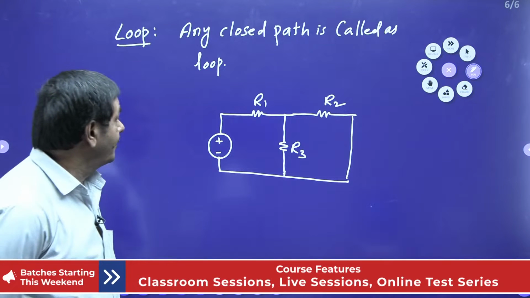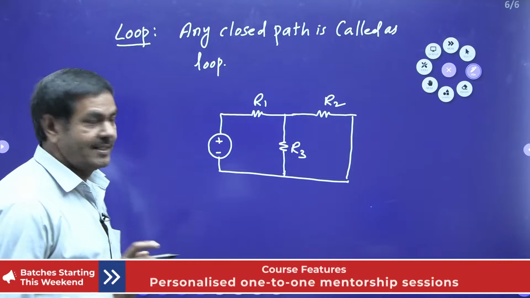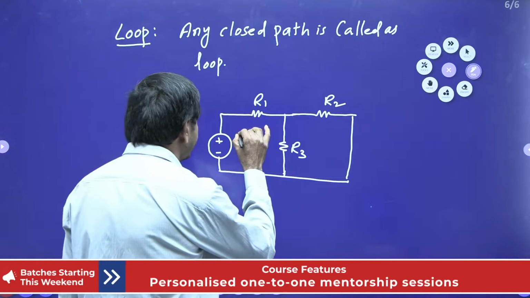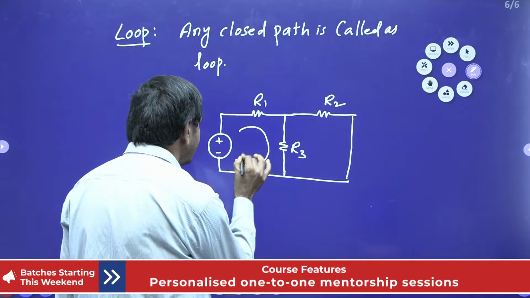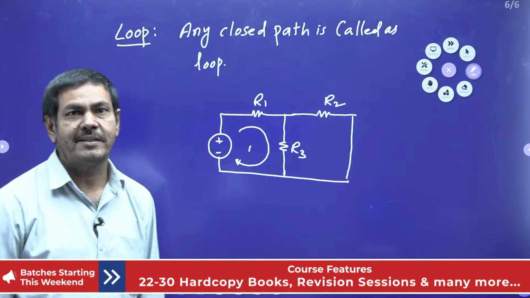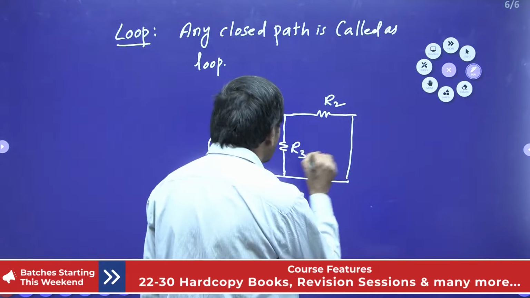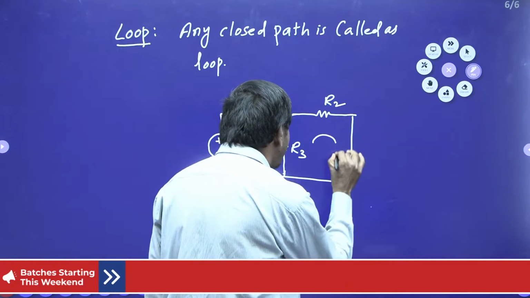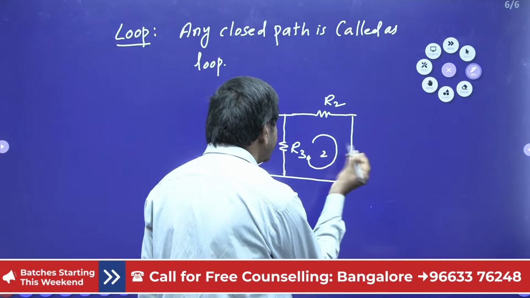How many loops? What I said: a closed path is called a loop. Suppose I selected the path this side. This becomes the first loop. If I selected any closed path this side, a second closed path, that can also be said to be a second loop.